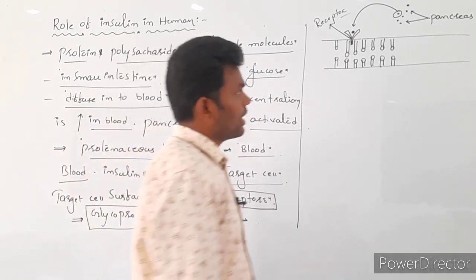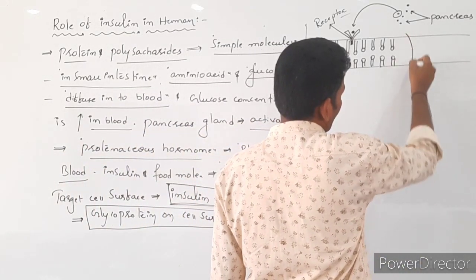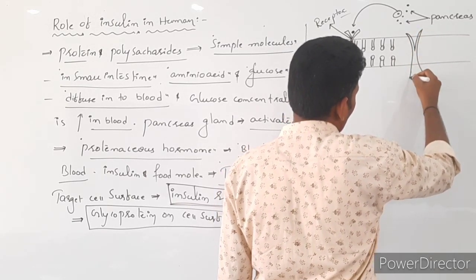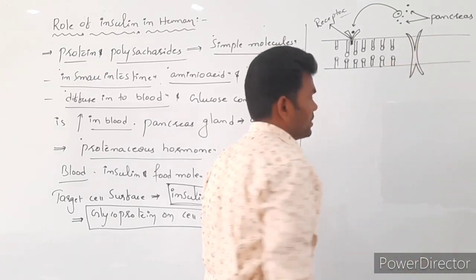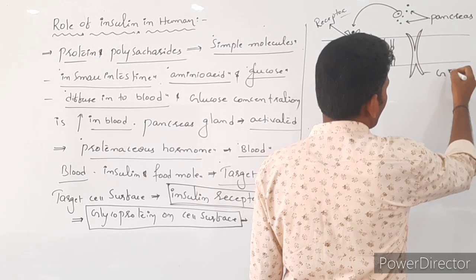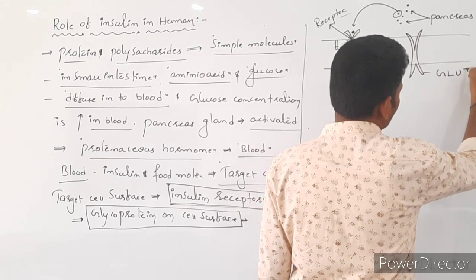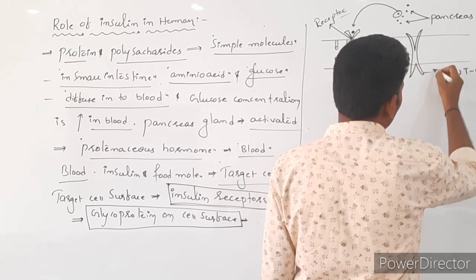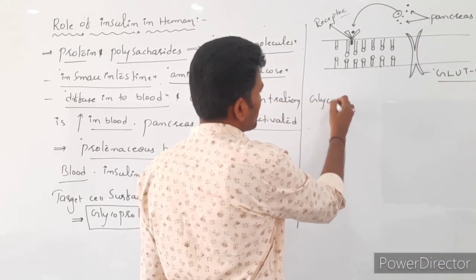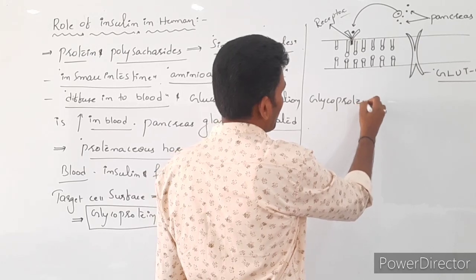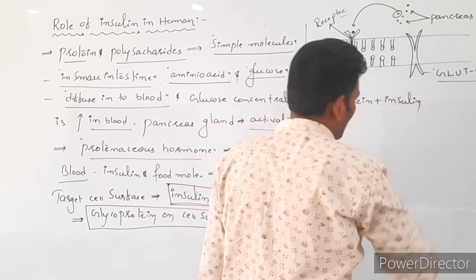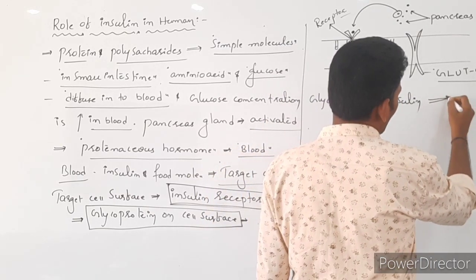Now what happened here? These channels are present. What are they called? Glucose transporter 4, GLUT4. The glycoprotein plus insulin form a bent complex.